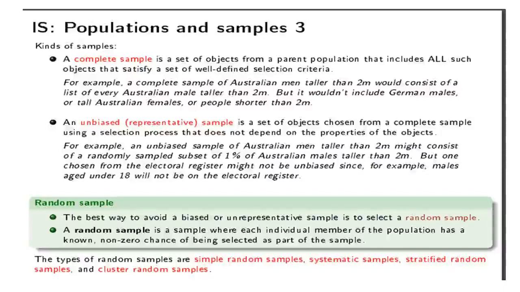What's important to remember from this slide is that we have to have unbiased samples. Why? Because unbiased samples increase the chances of reflecting the population, the reality of the population.